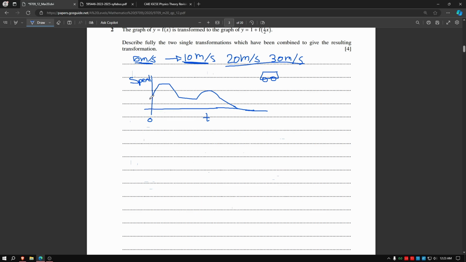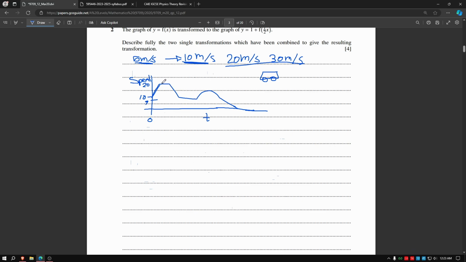At 0 seconds, the car is already moving at 10 meters per second. Then it goes up, constantly increasing. So there is an acceleration, and it is constant acceleration. Why? Because the speed is increasing constantly in a straight line. It reaches 20 meters per second, and then the speed decreases to, let's say, 7 meters per second, and then the speed is constant.